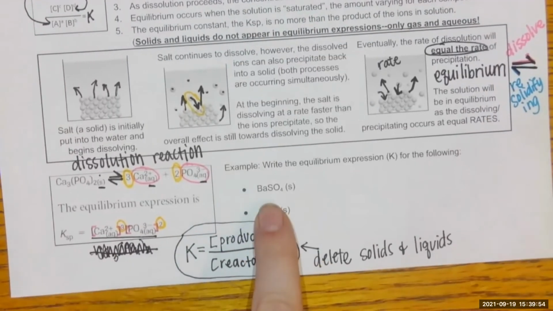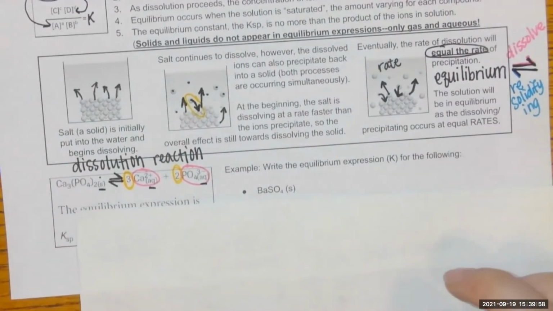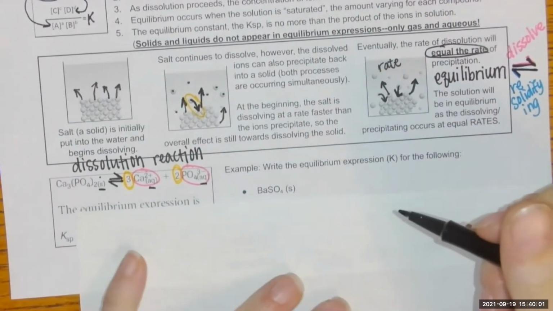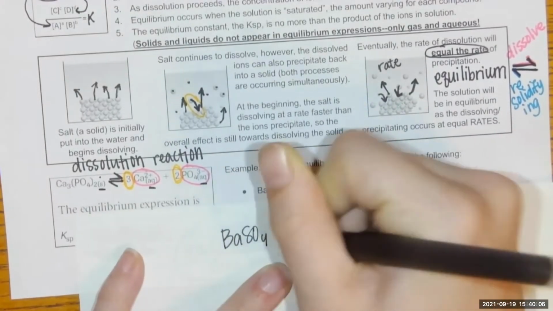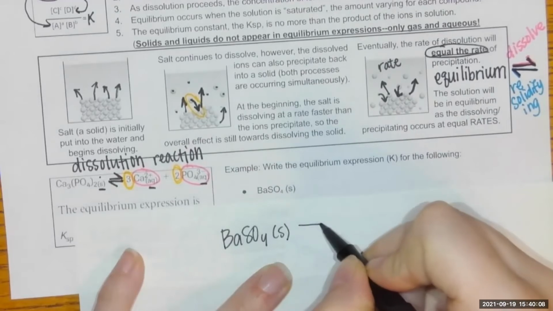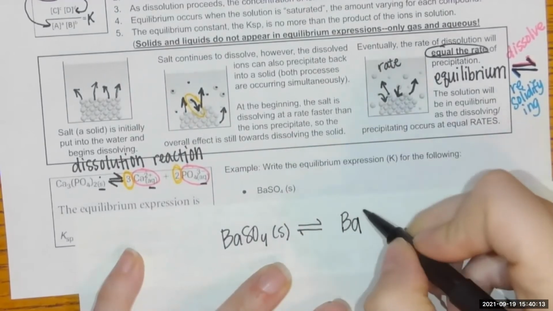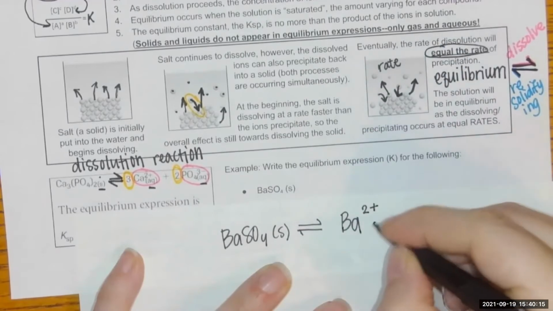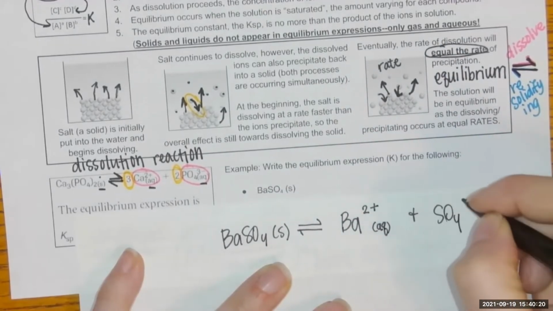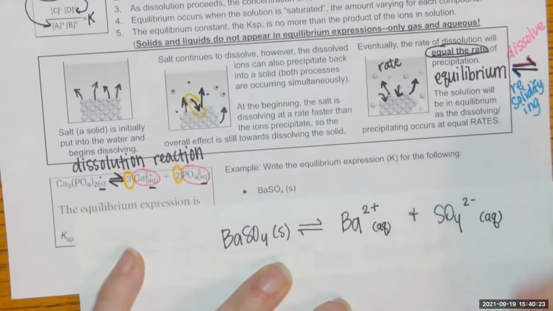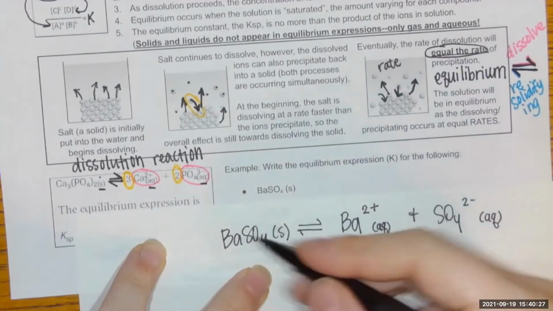So here, write the equilibrium expression for the following. BaSO4 solid. That would be breaking apart into barium 2+ ion and SO4 2- ion.